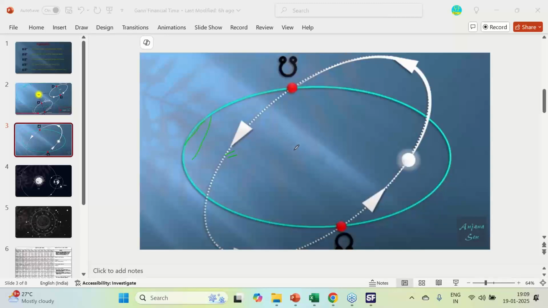This plane interchanges its order, meaning the Earth will come here and the lunar path will happen here. This happens once in 18.6 years. Every 18.6 years, the axis will change and the plane will interchange.